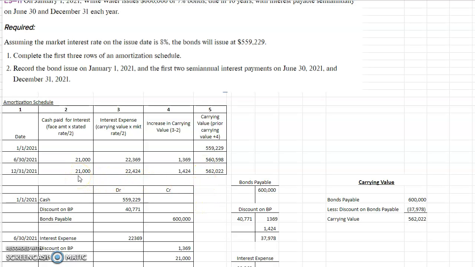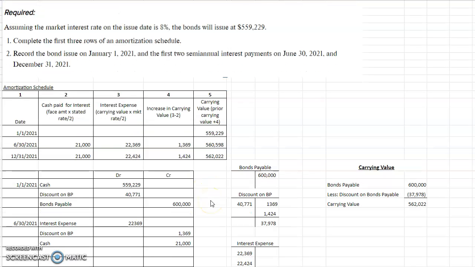Okay, again, interest is always going to be paid on the face value at the stated rate. Interest expense is going to be different. It's going to be the carrying value times the market rate. And that gets us $22,424. The difference there is $1,424. I'll scroll so you can see that entry.